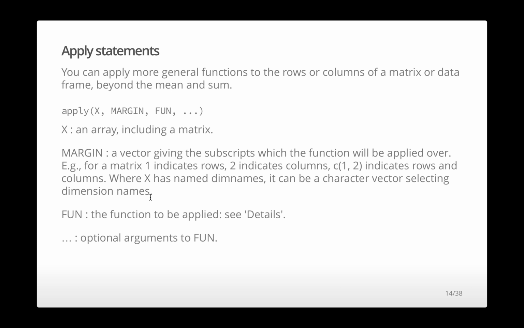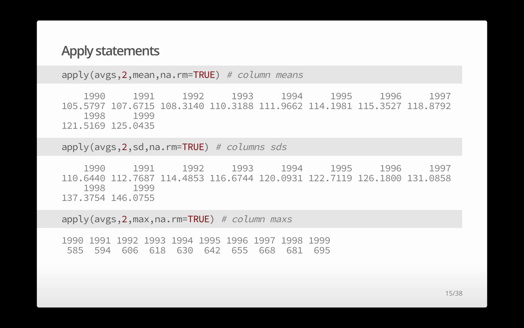We're going to show how to do some things in dplyr, but these functions are still very useful because sometimes not everything fits in the dplyr framework, at least the way I think. So for example, when we were doing row means and column means, apply this data set, 2 means I want to go over columns, and the function I want to take is the mean.